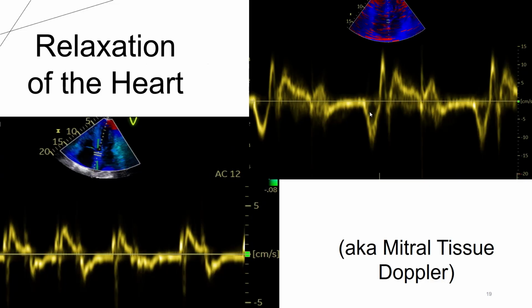Over here on the right is the heart of someone that we thought might have cardiac amyloidosis because their walls were thick enough. But look what happened when I put on the tissue Doppler. All of these waves are above 5. Now, that's not enough to prove they don't have amyloid, but that was one of the clues in that person's heart. And that's one of the other things that we look at carefully when we're looking at a heart to see if it may have cardiac amyloidosis and to measure how it does over time.